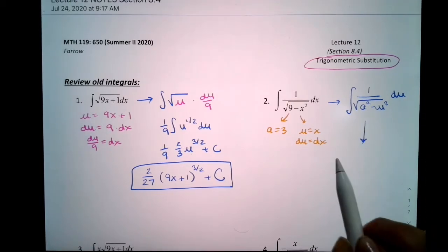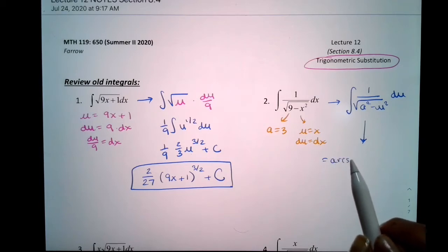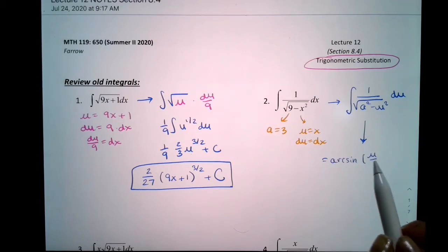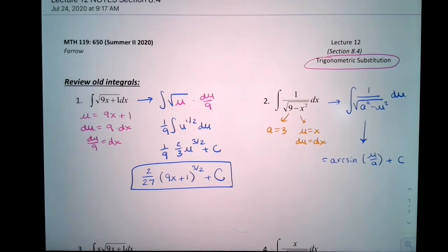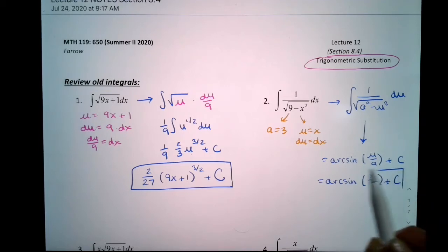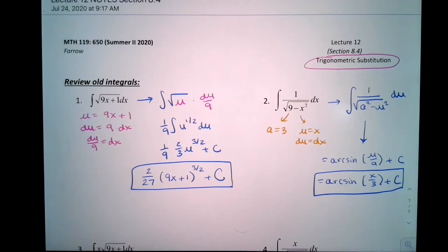My answer to this would just be arc sine of u over a. So for me here, that means my antiderivative is arc sine of x over 3 plus that constant of integration. Okay, there we go. These are things that we've talked about in the past.